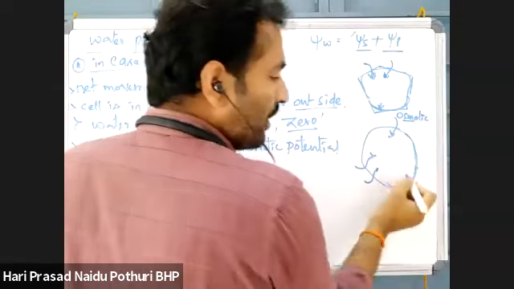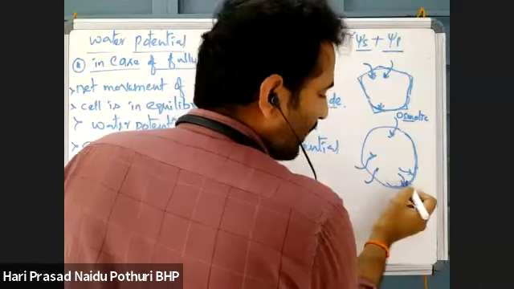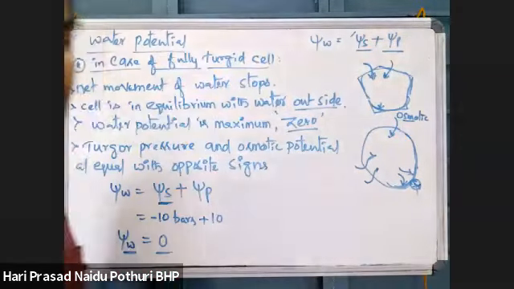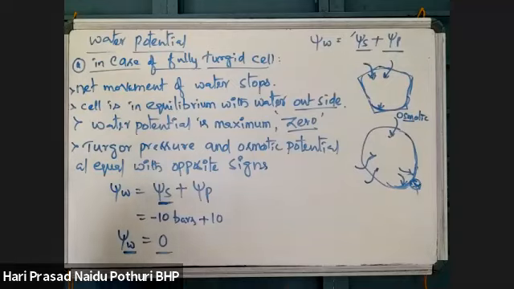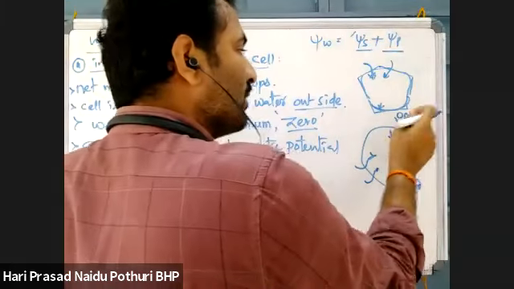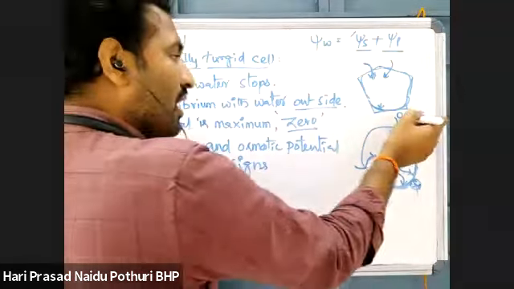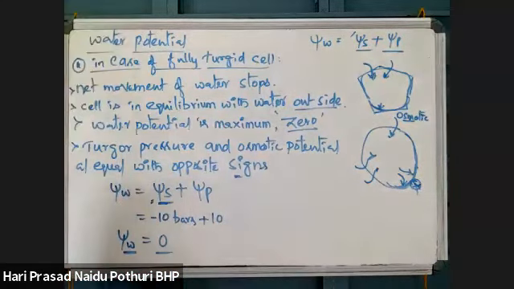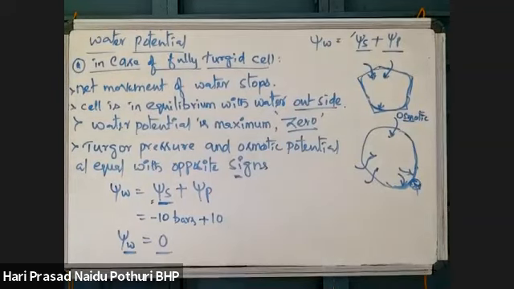As solute particles are less, from inside to outside there is some pressure which prevents the entry of water. That is what we call turgor pressure. That turgor pressure is equal to osmotic pressure, but osmotic pressure has a positive sign, whereas the turgor pressure, based on the solute concentration, has a negative sign. So they will become equal and water potential will be 0. Note down that point.